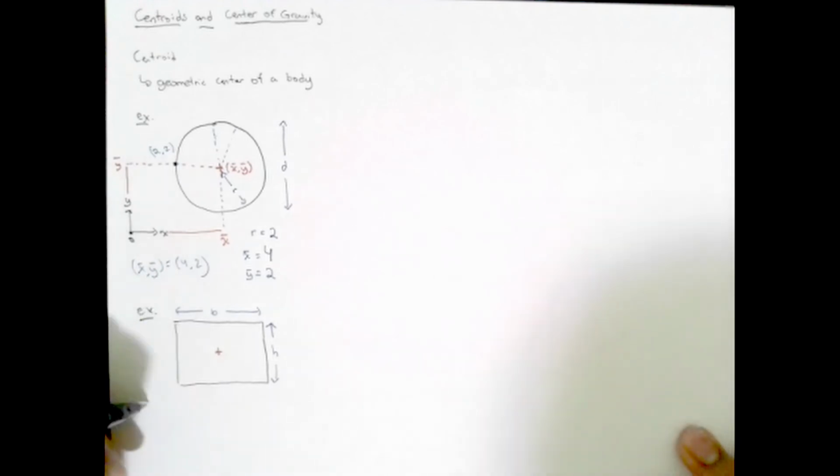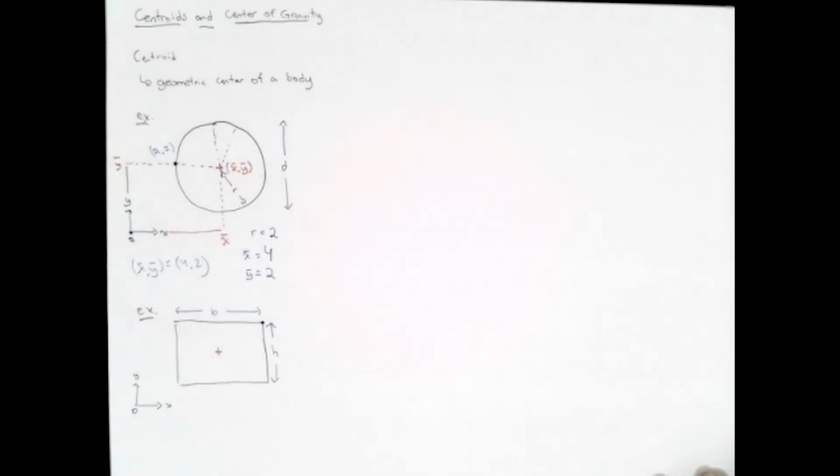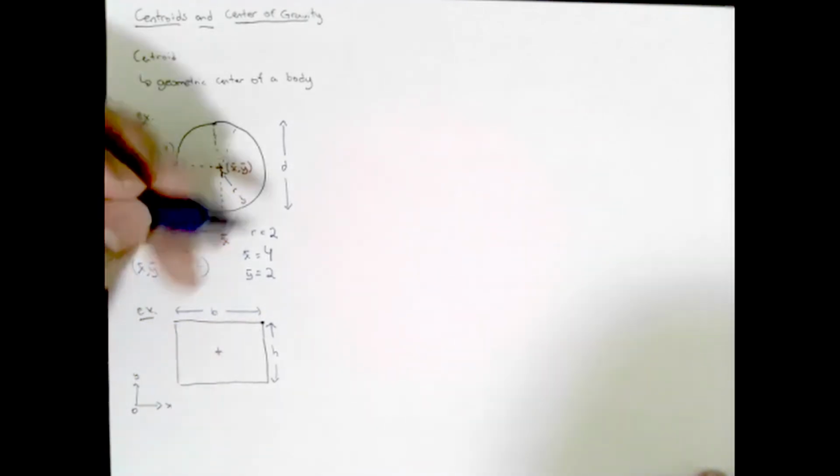Now let's say that I have my coordinate system, again, my x and my y coordinate system with my origin. And let's say for the case of this problem, that we already know the coordinates at the top right edge of the rectangle.